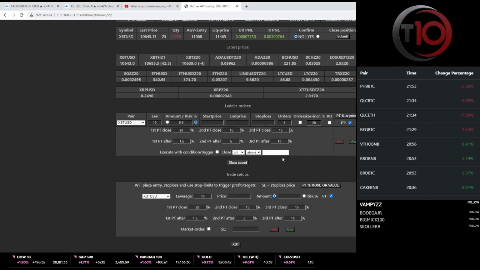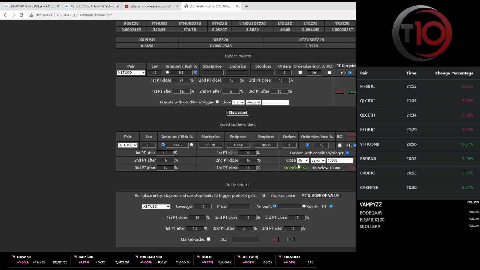Let's cancel it. So now under saved, you see that the tool is monitoring this setup, and there is a helper tool running on the same server as the web part. This is usually your own computer.